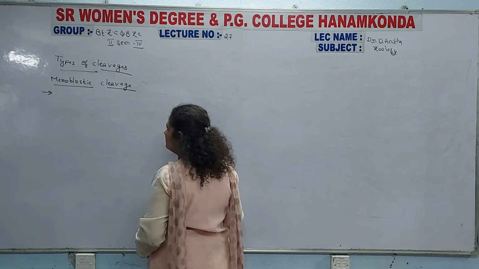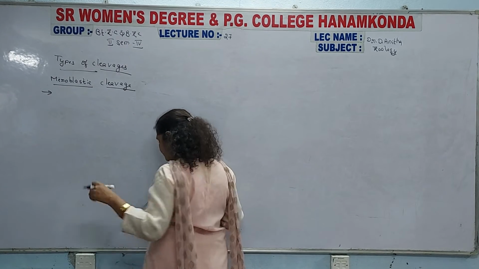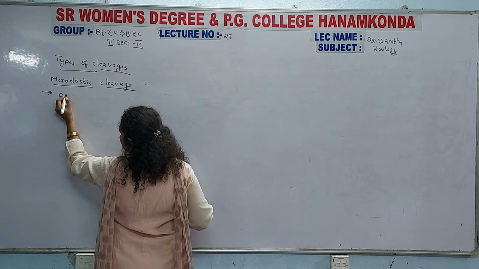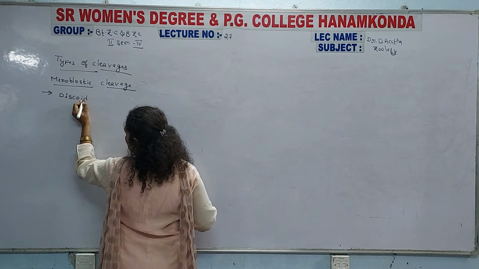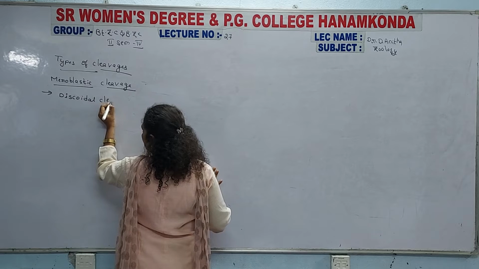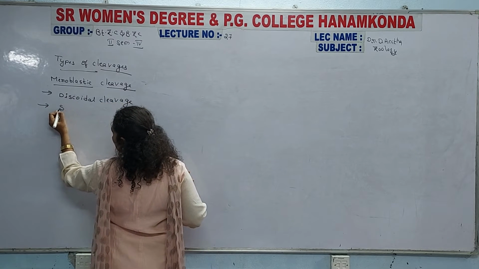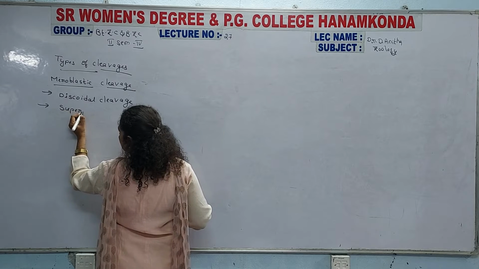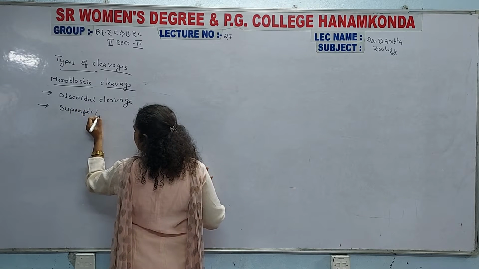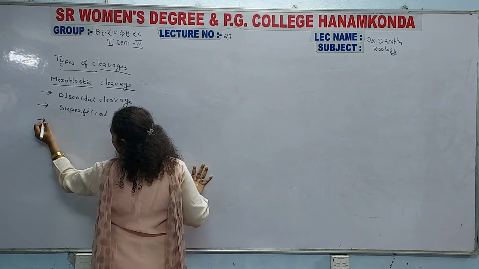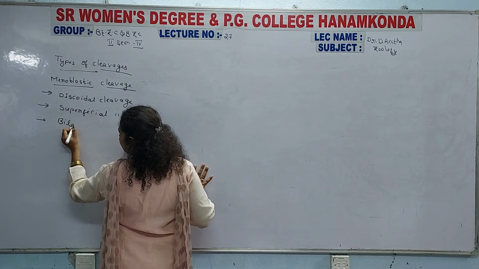The meroblastic cleavage is again of three types: discoidal cleavage, superficial, and again bilateral cleavage.